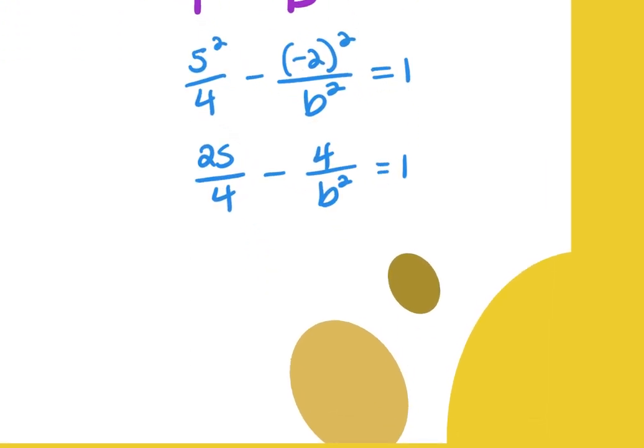I have to work to isolate the b squared, so I'm going to subtract the 25 fourths. I get -4 over b squared equals, to combine these into one, I have to give them a like denominator. This would be 4 fourths minus 25 fourths, and that's -21 fourths.